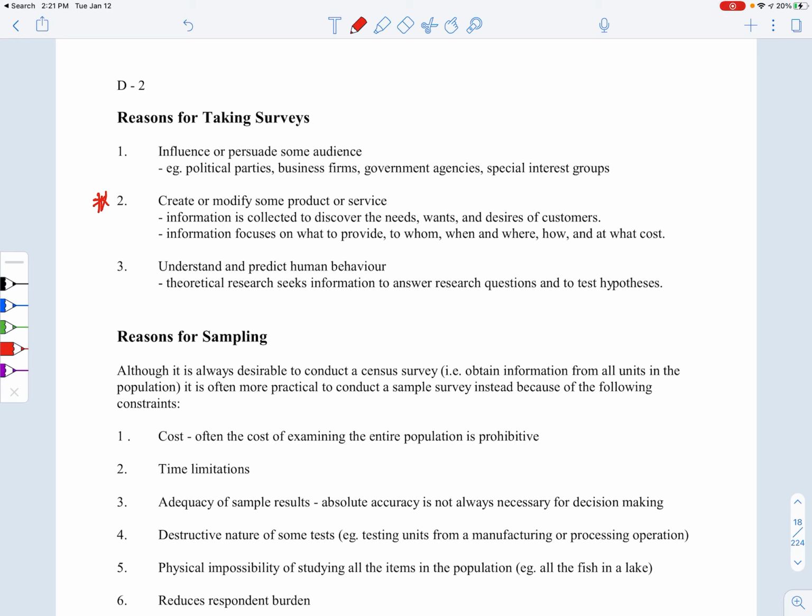Number three here, understand and predict human behavior, more in the area of, say, psychology and sociology and so on, less in terms of the kind of things that we would be doing, but certainly there can be an overlap there.